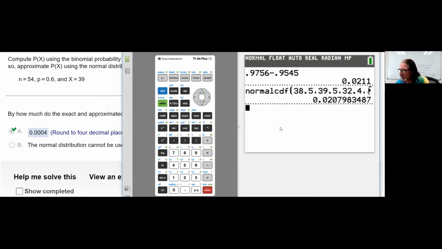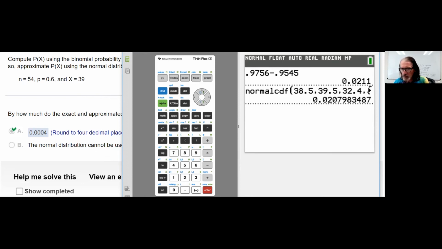And when rounding, that would actually come up with 0.0208. And I'm not sure if the people that created the question at the online homework would allow that 1/1000th of a difference between the two or not. It's a little tough to check into some of these things sometimes.